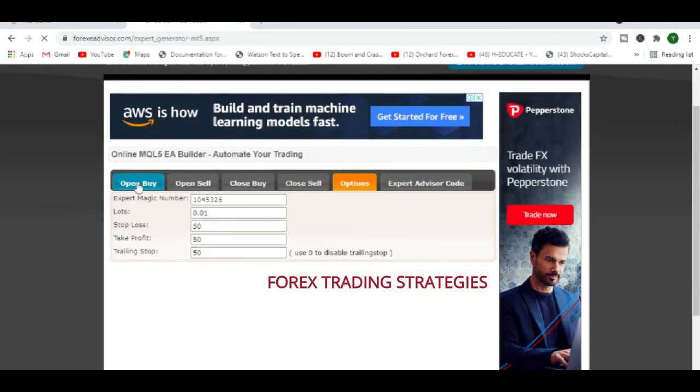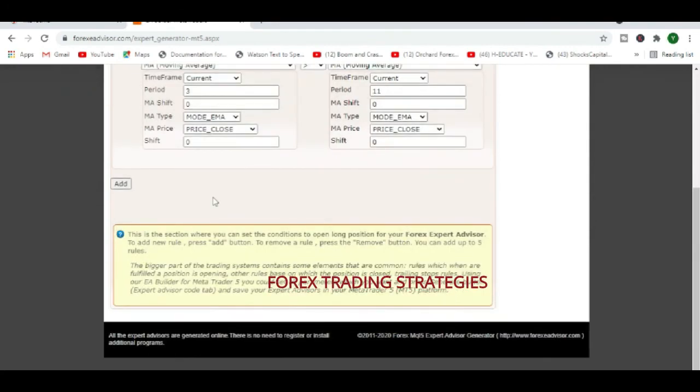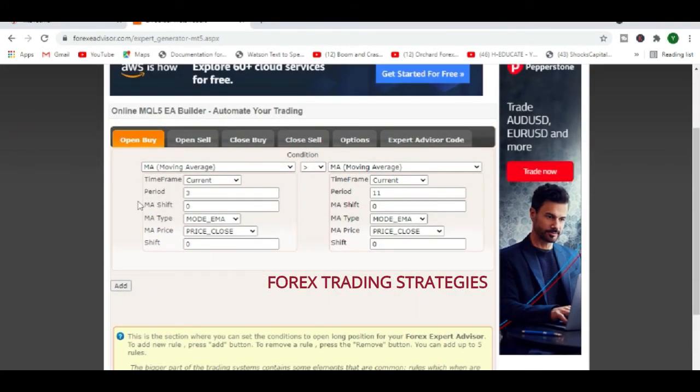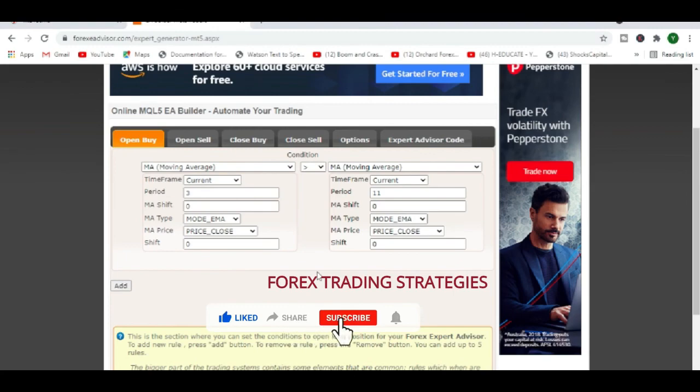And if you have a solid strategy, that's basically what you need. You do not need money. You just need a solid strategy, an idea for a strategy that works, and you can simply come here and you can actually develop it into a forex robot like we just did.